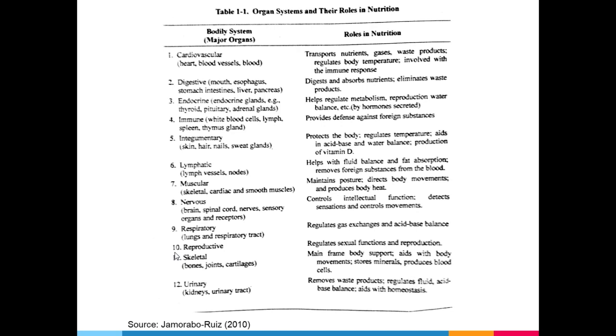What is its role in nutrition, or what is the role of nutrition, vice versa, in the reproductive system? Well, nutrients are very important for reproductive success and fertility. For example, if a man suffers from zinc deficiency, then most likely his sperm count will be low.